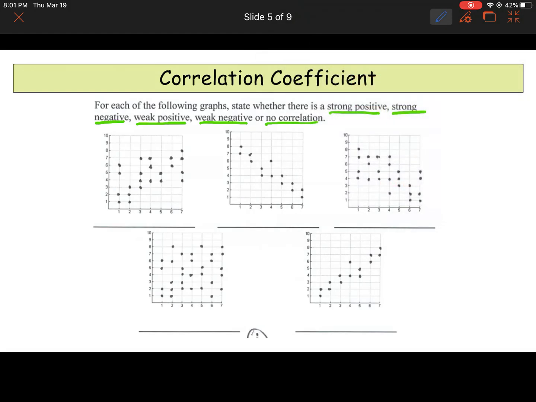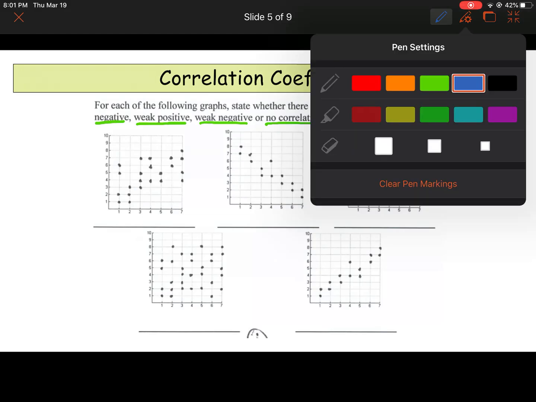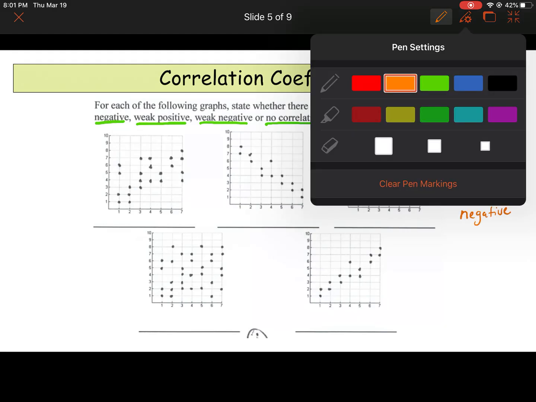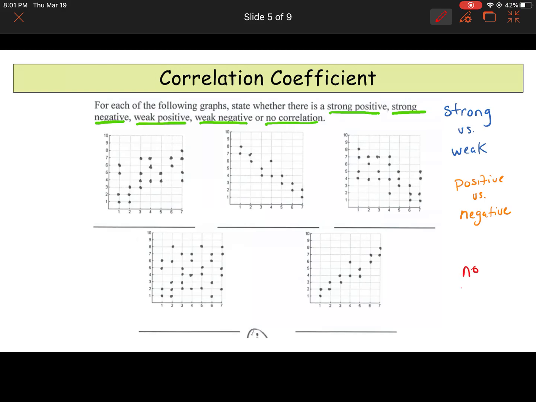So what we're trying to determine is we either have strong versus weak, and we also have positive versus negative. And in a rare case, we could have no correlation whatsoever.